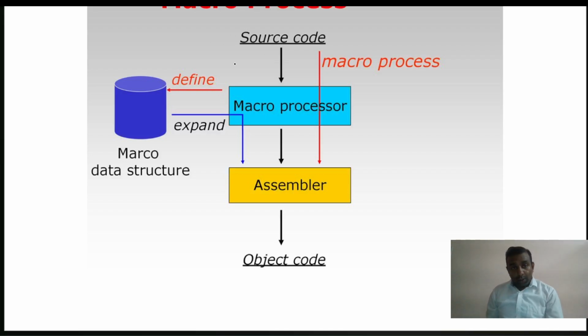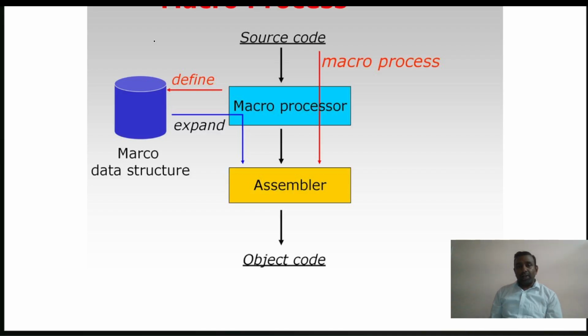Now macro and procedure or function are the same. It contains a number of lines of code which are repeated again and again. The difference between a function and a macro is that when we call a function, the control is transferred to the body of the function.